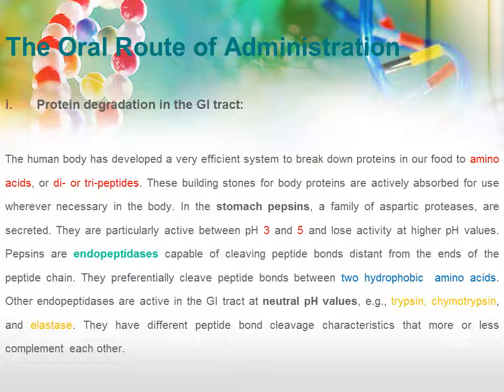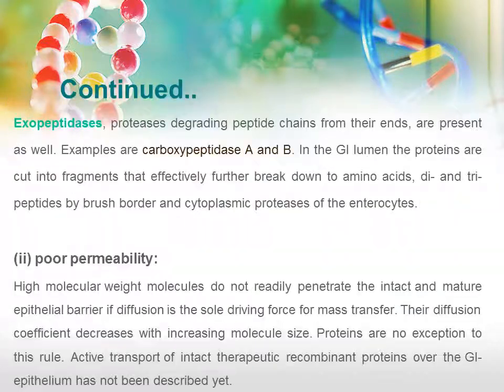Other endopeptidases are active in the GI tract at neutral pH, like trypsin, chymotrypsin, and elastase. The other part of the proteases is the exopeptidases, which cleave the peptide chain from its ends, like carboxypeptidase A and B.